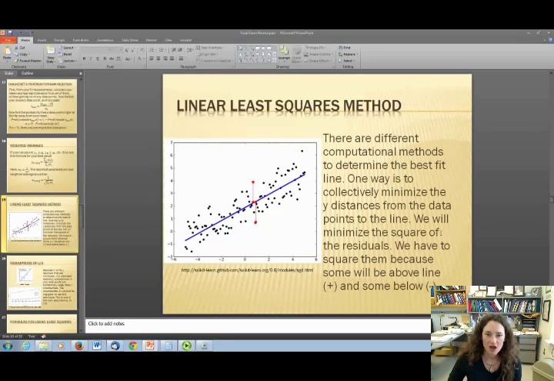Okay, so in linear least squares, what you do is you're going to minimize the distance in y from your data point to the line. Okay, so since values are just as likely to fall above and below the line, what you do is you minimize the square of those residuals and not the values themselves. And so it's minimizing the sum of the squares of the residuals. Okay, that's the linear least squares method.